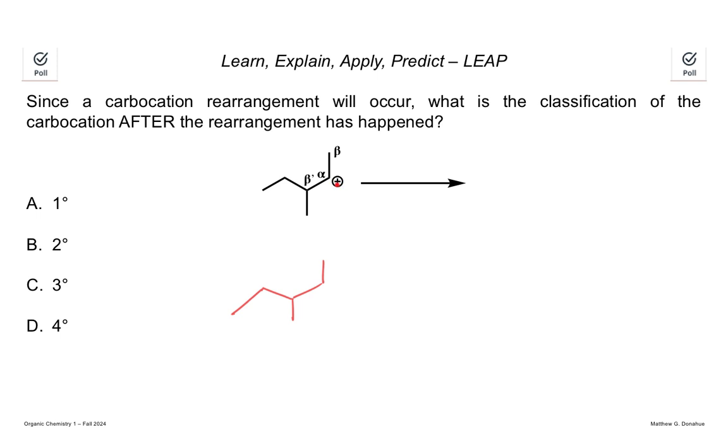Always keep in mind, we're not showing implicit hydrogens, but that does have a hydrogen. So that may be a better representation for you, so you're not losing track of the H's. And so that H, again, migrates over. So now we can see those 2 H's, and then that carbon becomes positively charged, so it's tertiary.